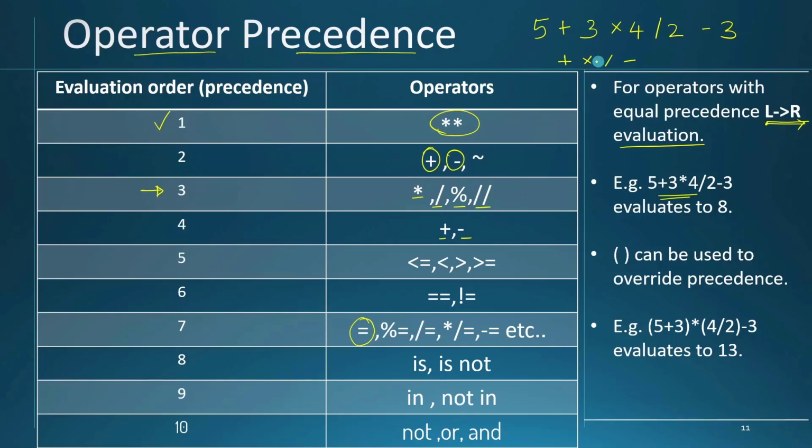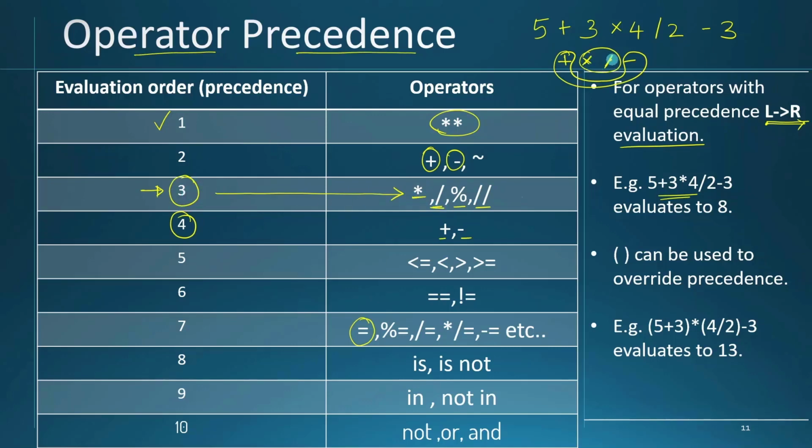Multiplication and division fall to precedence ranking 3, and plus and minus fall to precedence ranking 4. So multiplication and division should be done first. After that only we will do plus and minus. Now among multiplication and division, which should be done first? Because according to this precedence table, both of them fall into the third precedence level.